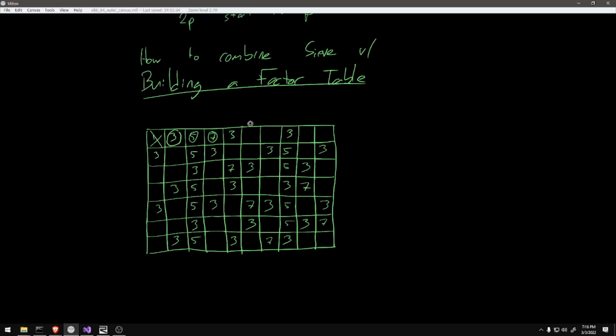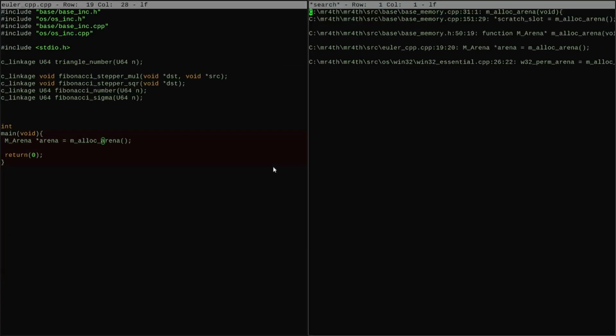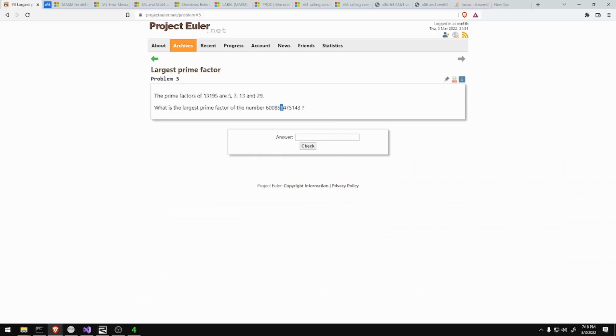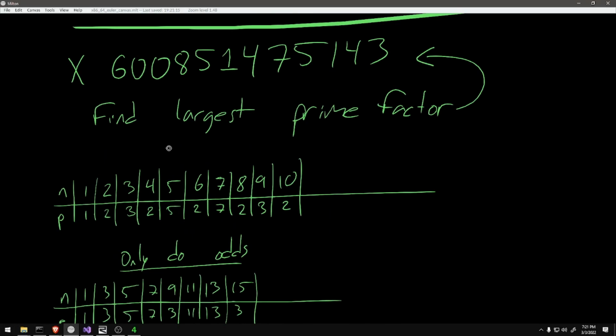But as I alluded to earlier, the factorization table is just not going to work, and this is where I discovered that. I discovered it when I went to see the size of the number we were actually going to be trying to factor. The reason that matters is because when we go to factor that number, we have to include that number in our table for it to actually help us at all. If the number we're trying to factor isn't reached by our factorization table's upper bound, then it doesn't tell us anything about how to factor that number.